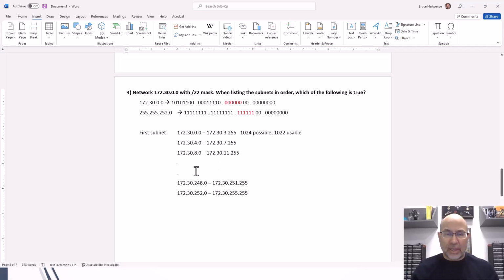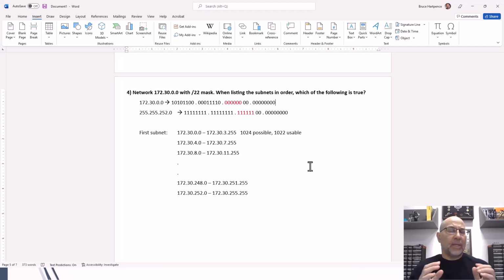Let's see if it works out again. 172.38.0 is the next subnet, and it goes to 172.30.11.255. Oh, okay, that looks like a pattern. So I could just do all of the numbers that are multiples of 4.